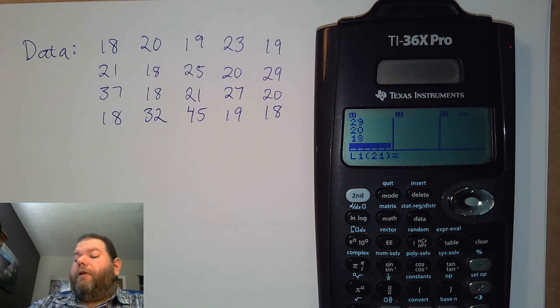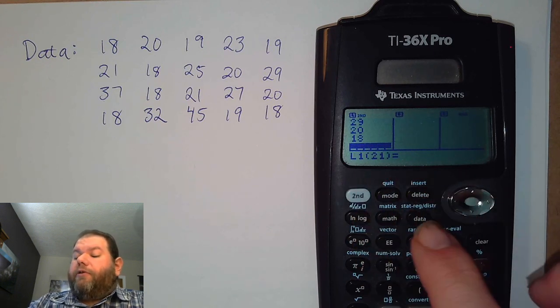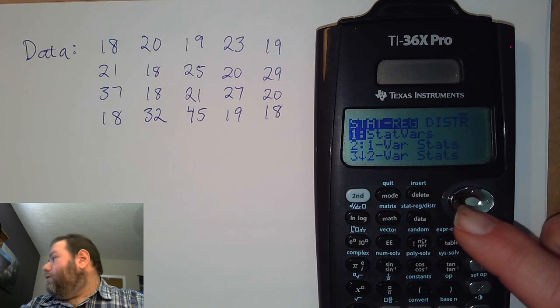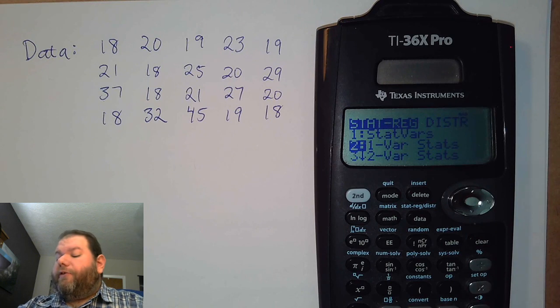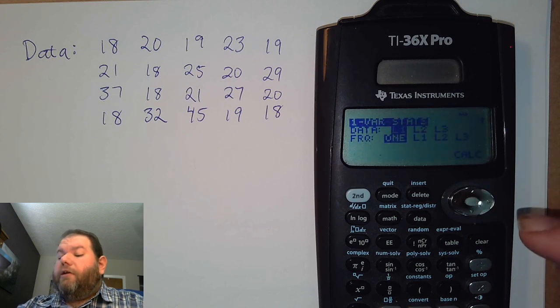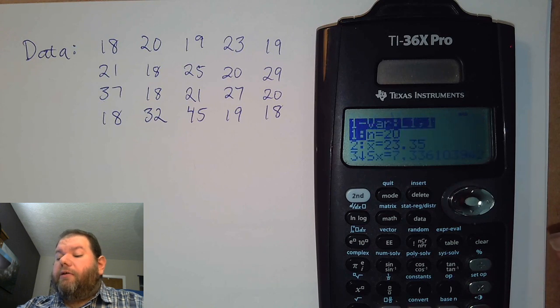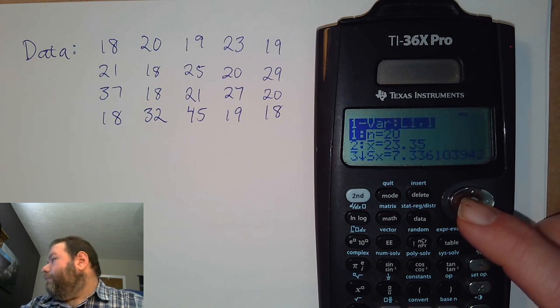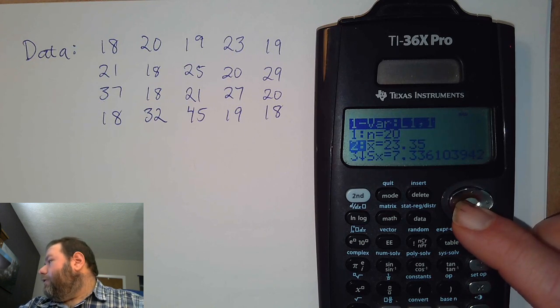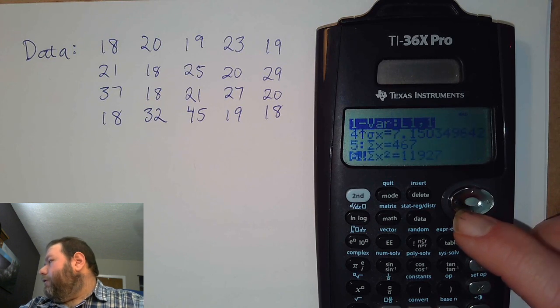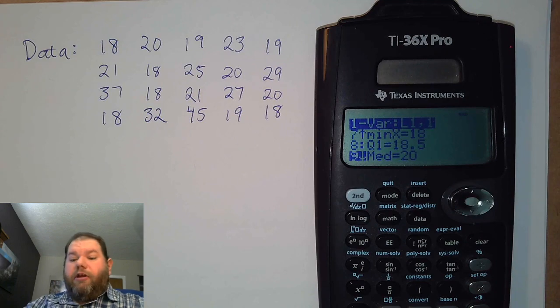Okay. And then on this calculator, second stat, one variable stats, L1, frequency 1, always, and then calc. So we arrow down, and we look at the 5-number summary. We start with the minimum of 18.